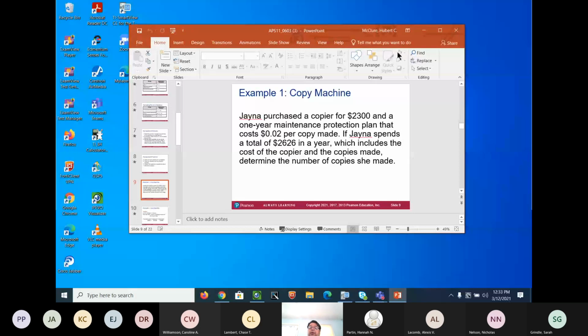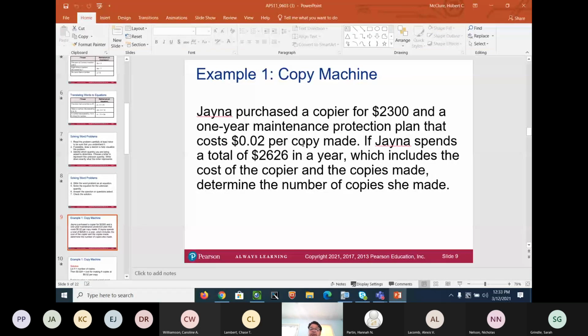Jana purchased a copier for $2,300 and a 1-year maintenance protection plan that costs 2 cents per copy. If Jana spends a total of $26.26 in a year, which includes the cost of the copier and the copies made, determine the number of copies.